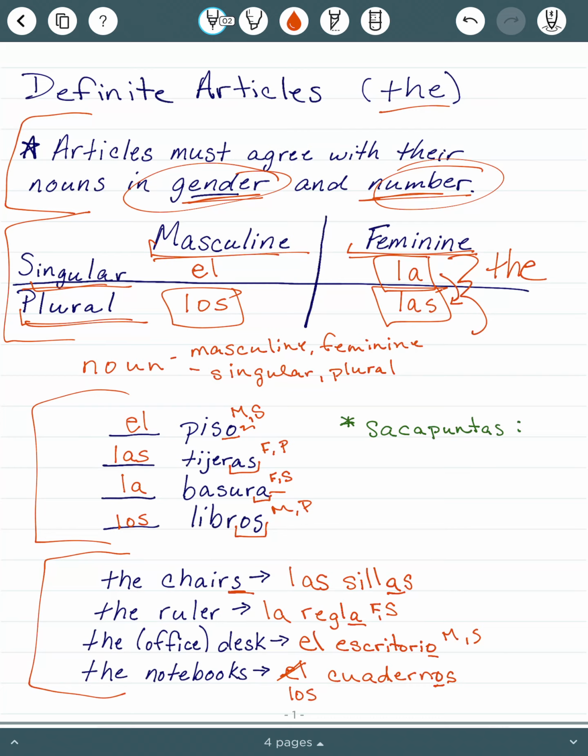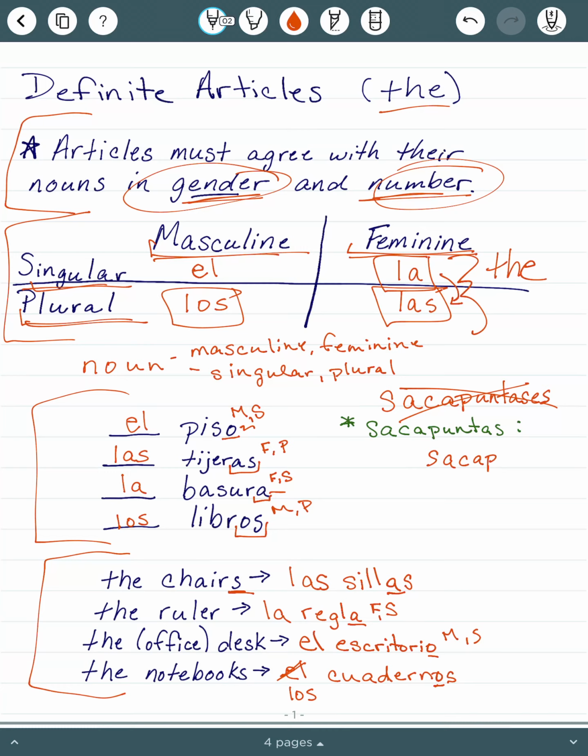Now, sacapuntas, that is one you've got to be careful with. Remember, sacapuntas does not change to sacapuntases. That is the one vocab word in this chapter that doesn't follow the rule on how to make things plural. So sacapuntas can be the one pencil sharpener or the several pencil sharpeners. So either way, it's going to be sacapuntas.